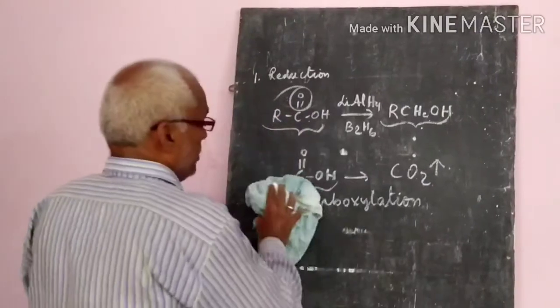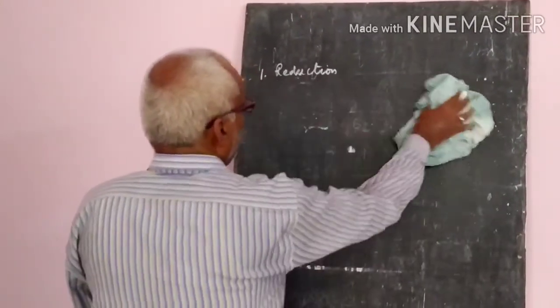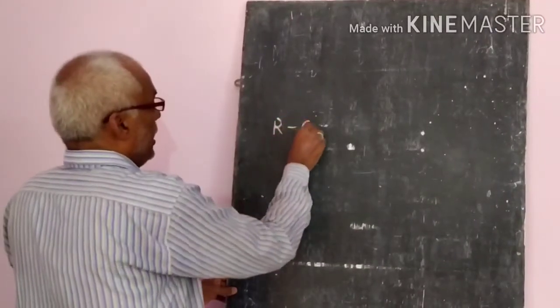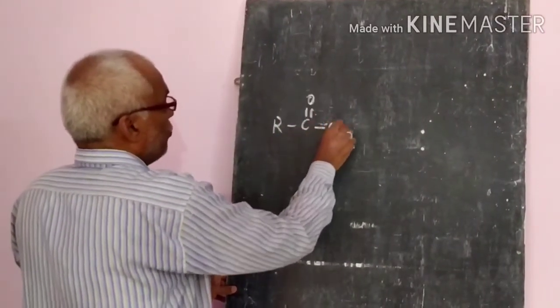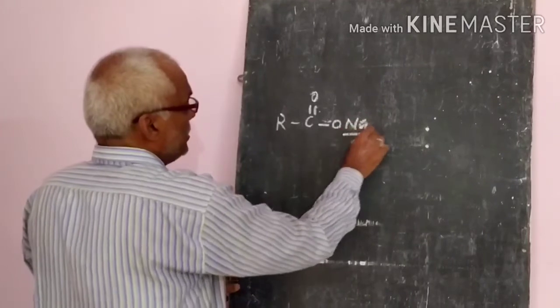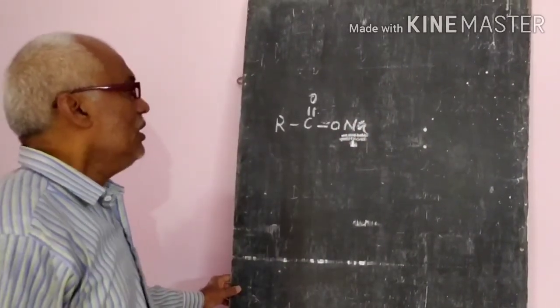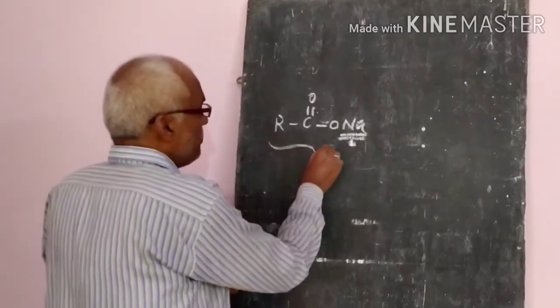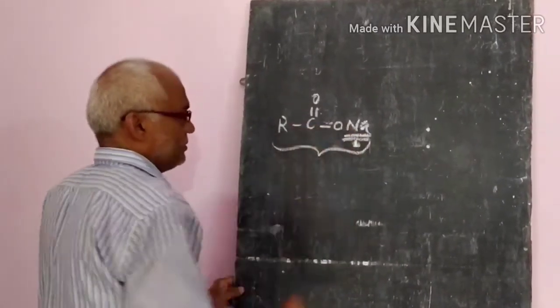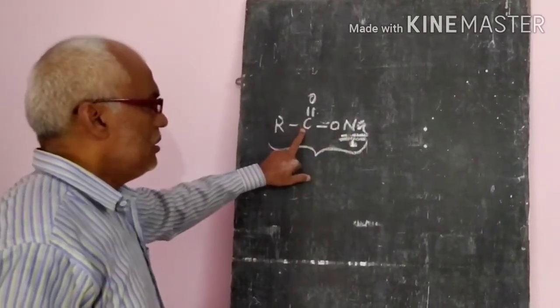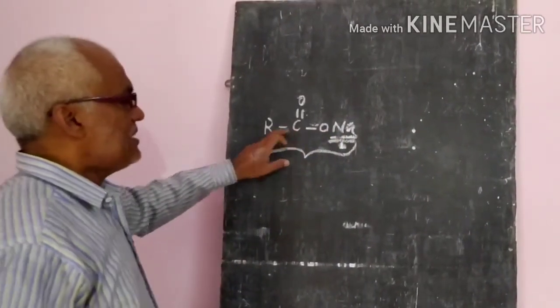But the salts, how will they be reduced? First, let us see. That means RCOONa, that is, sodium or potassium, which are very strong metals. So these are alkali metal salts of acids, metallic sodium salts of acids.